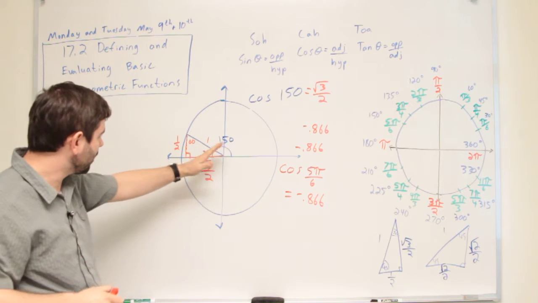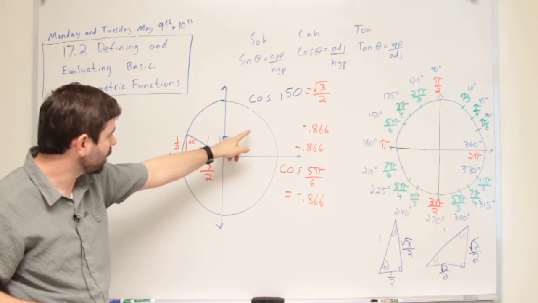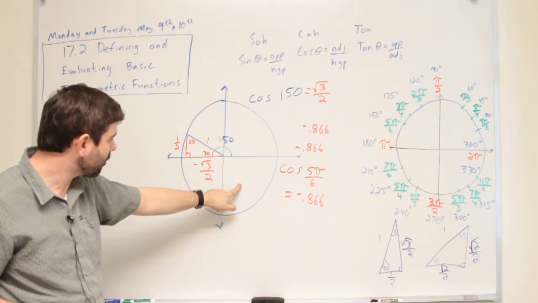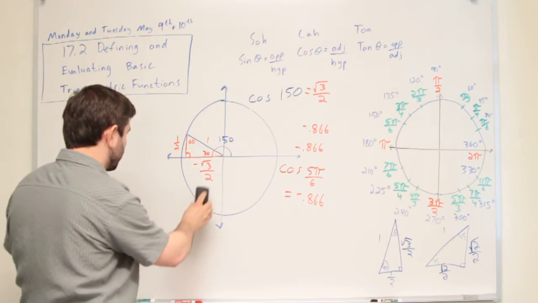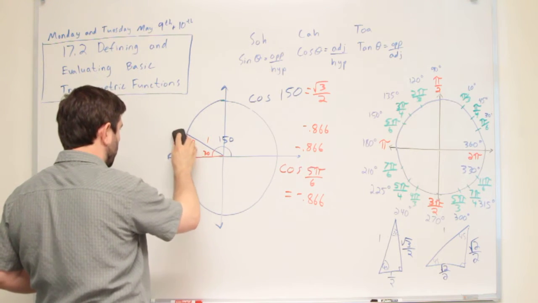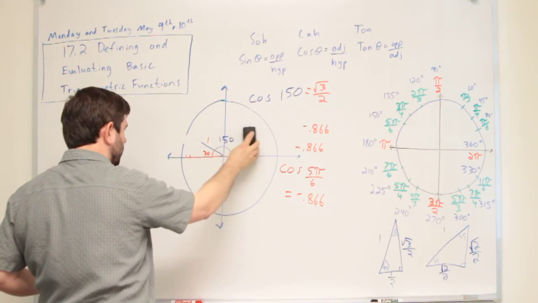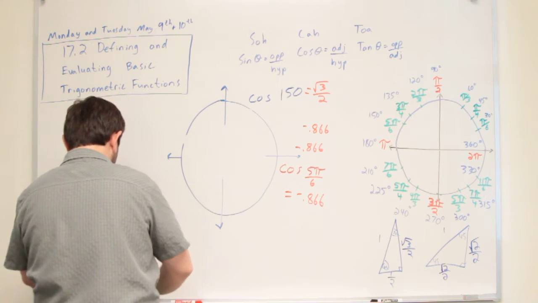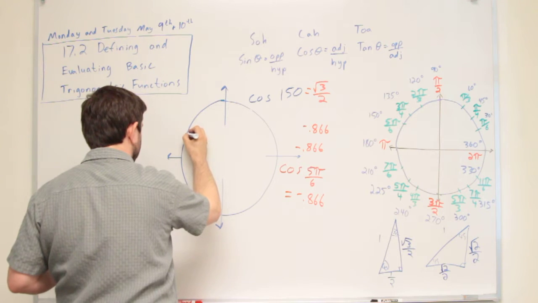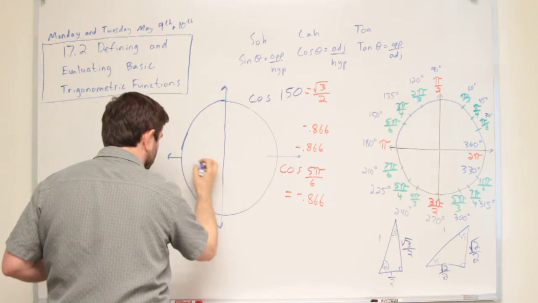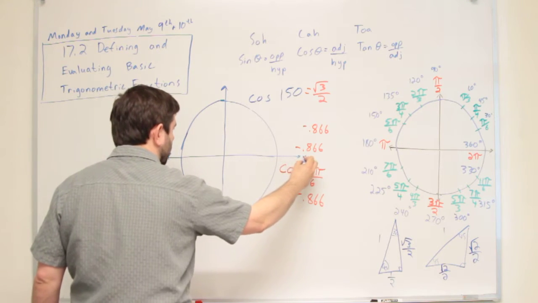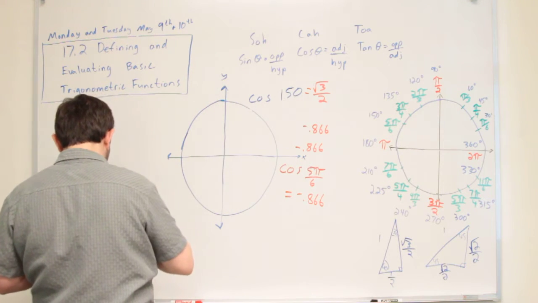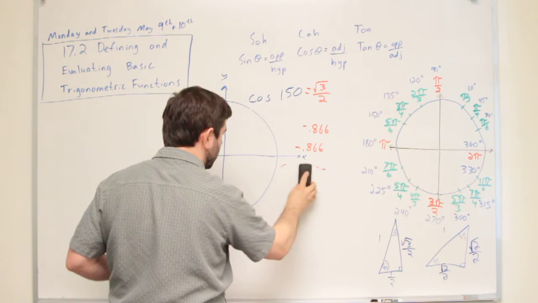Why don't we do a sine going down into, this is quadrant 1, quadrant 2, quadrant 3, quadrant 4. Let's do a sine going down into quadrant 3. X and Y, and I will erase these over here.